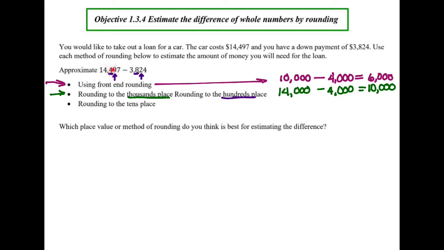So this becomes a 5. Those are zeros, and the 14 stays. So we're going to have 14,500. And this next one, the 2 is going to round down, so the 8 stays as is. So we have 3,800.